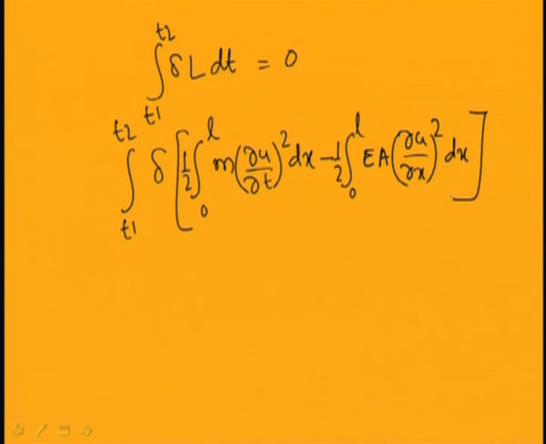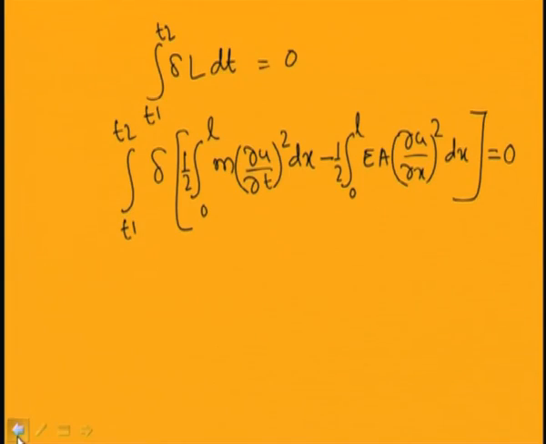This is the total term and it should be equal to 0. This expression contains two terms, so let us take this as the first term and this as the second term and do the integration by parts.